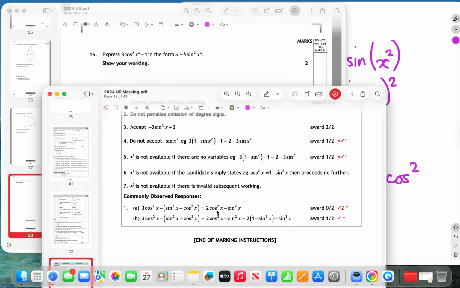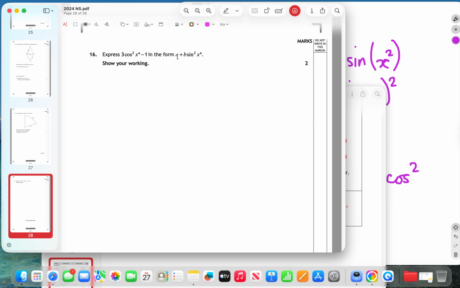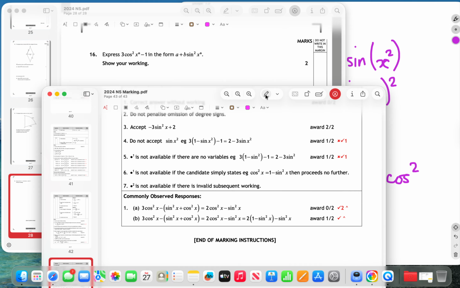What, 2 cos squared x minus sine squared x. What's the issue with that? You had to write this in terms of a number plus b sine squared x. You can't have cos squared x in the final answer. The purpose of it was to eliminate the cos squared x term.